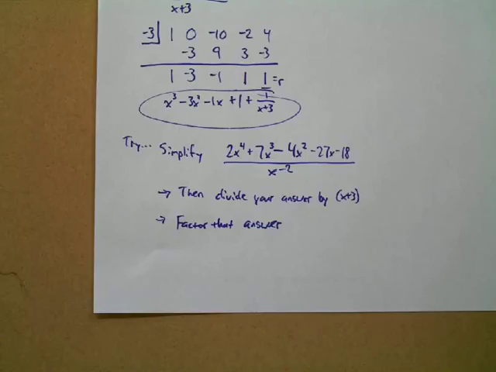Okay. So, after talking about factoring polynomials and factoring quadratics, why are we throwing in this long division and synthetic division? Well, what did we really do? We took this polynomial, the 2x to the 4th plus 7x cubed minus 4x squared minus 27x minus 18, that we otherwise have no real way to factor.